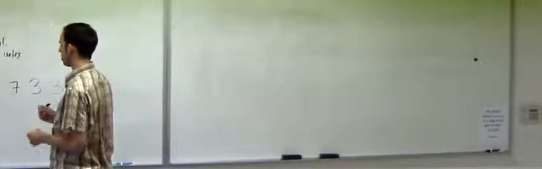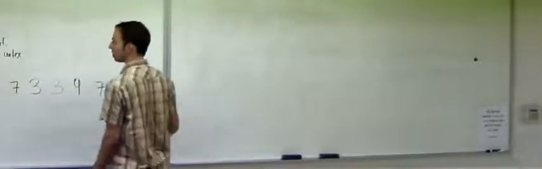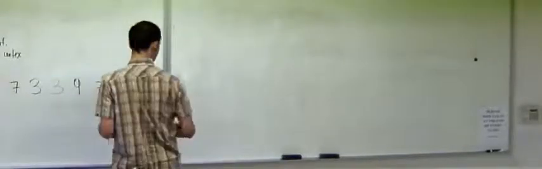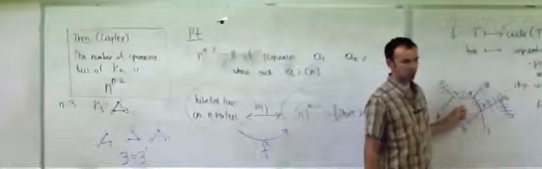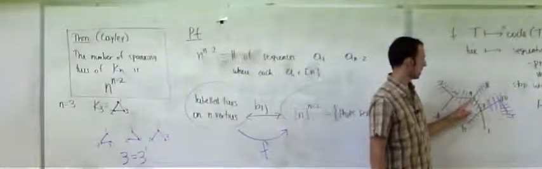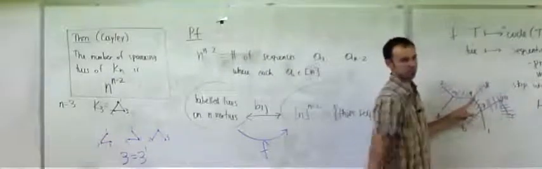Okay, so maybe one observation before I return is the following. How can you tell the degree of a vertex, like vertex 9, just by looking at that sequence?